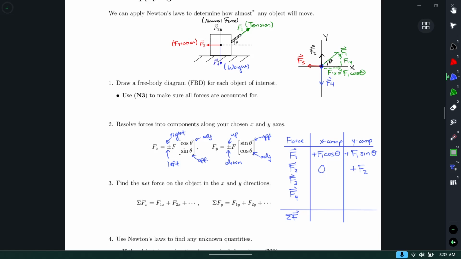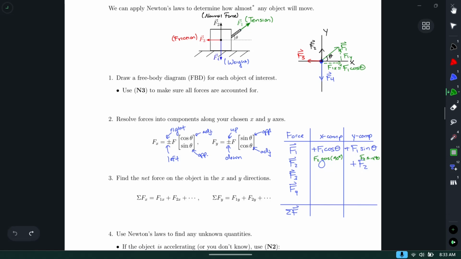So we could have written it as, maybe don't write this because it'll look confusing later, F2 cosine 90 and F2 sine 90. But cosine 90 is 0, so this whole thing is just 0. Sine 90 is 1, so it's just F2. So under the hood, we sort of are using cosine and sine still. It's just, to me, it's easier to just recognize none of it points along this axis, all of it points along this axis.